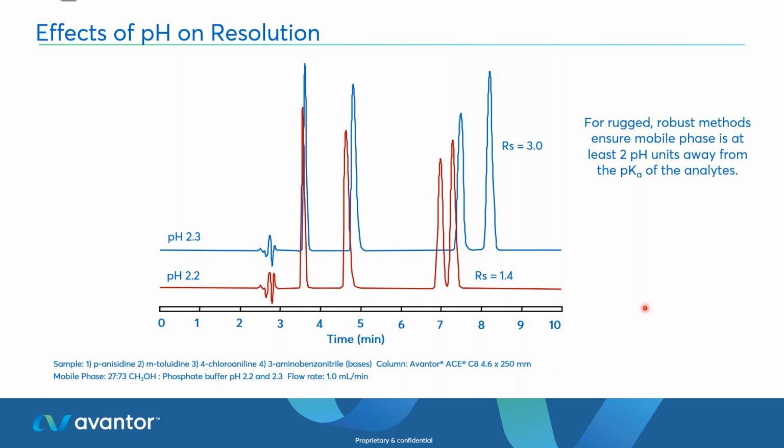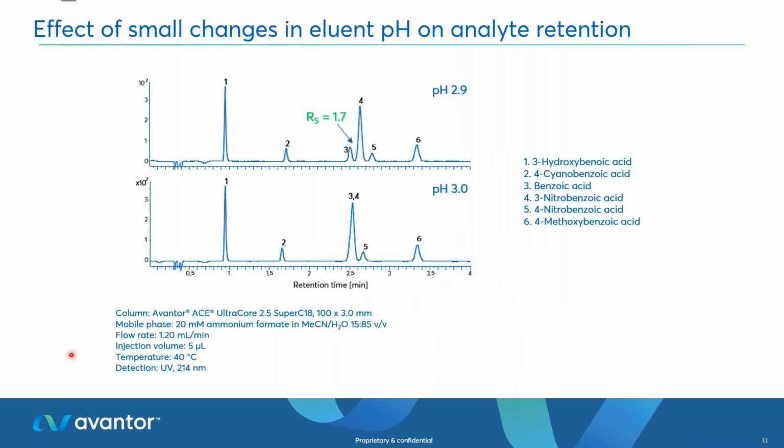So the way to avoid this is to look at your design space, try making things up a little bit incorrectly and see if you're on the knife edge of the pH. This is not a robust method in this case. And again, I've got another one here. So you can see it's not an isolated case.